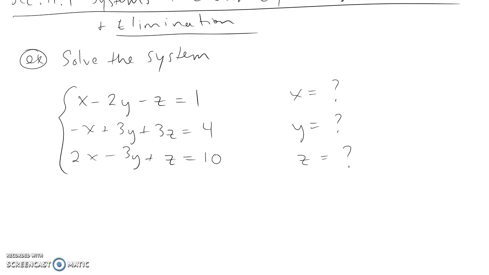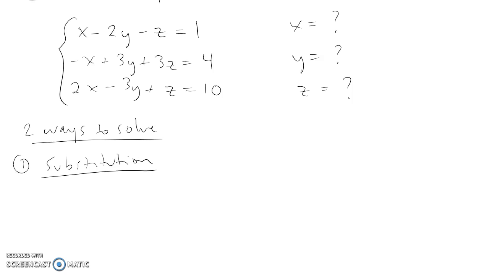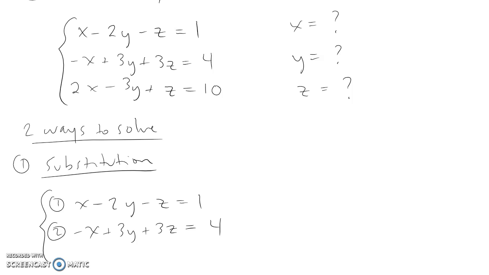Alright, so there are 2 ways to solve. The first way we call substitution. Now in order to make this a little bit easier, I'm going to number each one of my equations. x minus 2y minus z equals 1 is going to be equation 1.